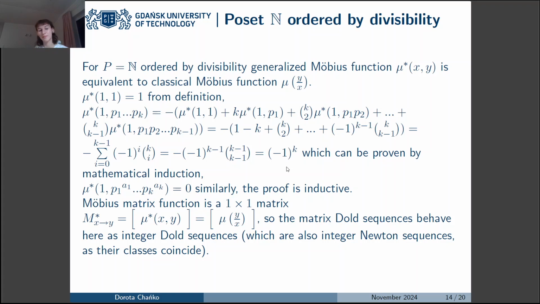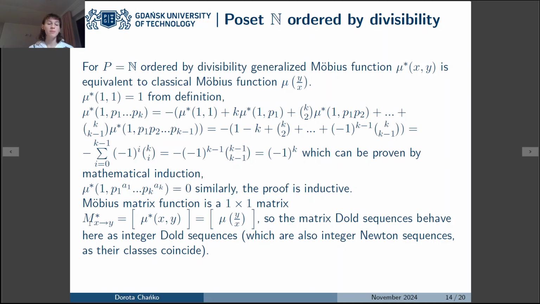And so here our Mobius matrix function is a 1-by-1 matrix, because in natural numbers we have just one term of each weight. The number n has also weight n.